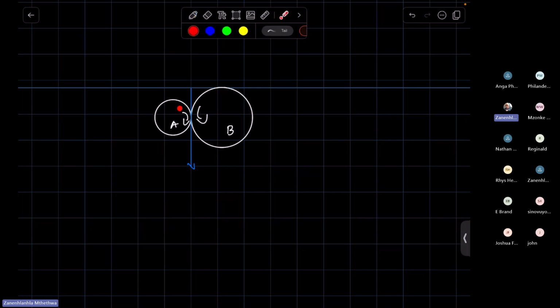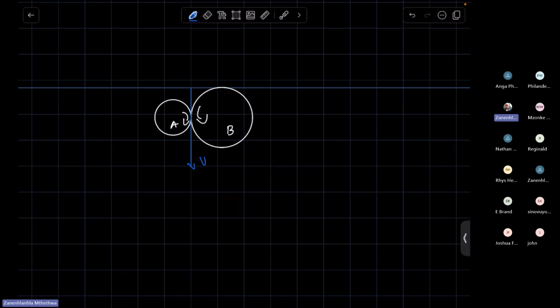So if this one is going clockwise and this one is going anti-clockwise, looking at this from a linear perspective, the direction will be downward. Can we see that? Yes, sir.